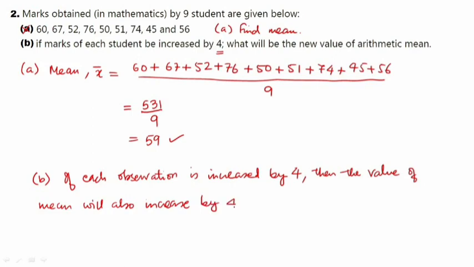By 4. So the new mean: earlier it was 59, so to 59 we'll add 4 and your new mean turns out to be 63. So this is your second answer, right? I hope the sum was clear to you. Kindly pause the video and note down your solution.